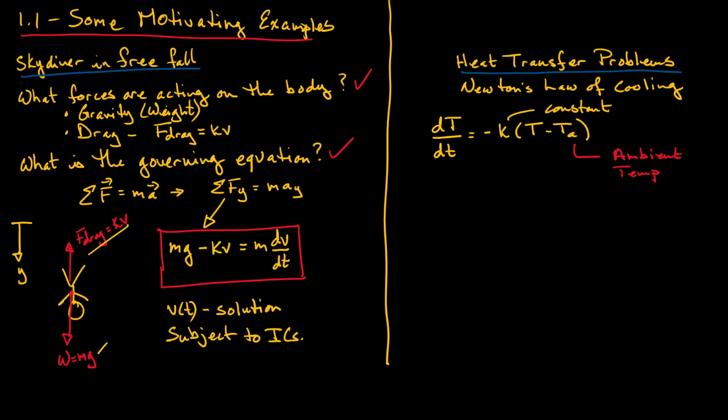So that is what we're seeking. So temperature as a function of time. And again, subject to initial conditions, and also it will be a function of our constant k and the ambient temperature T_A.